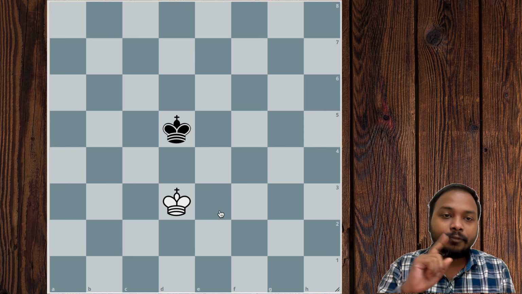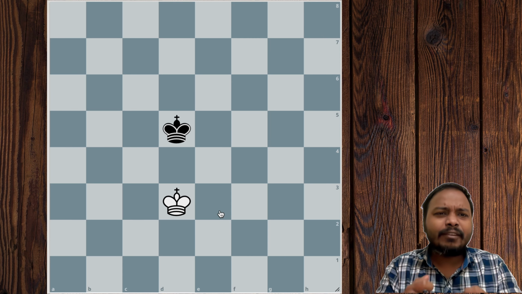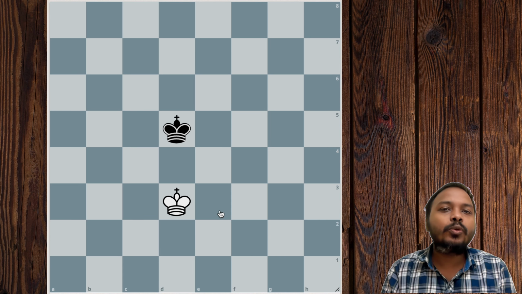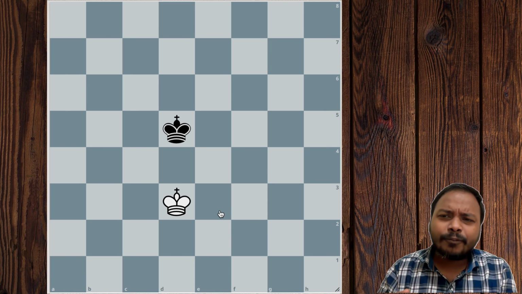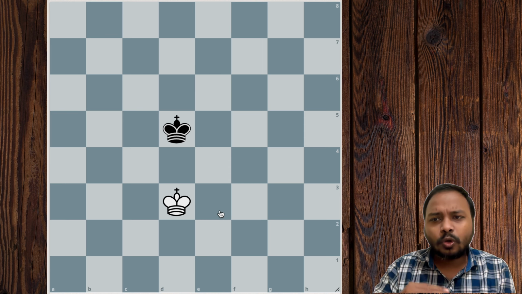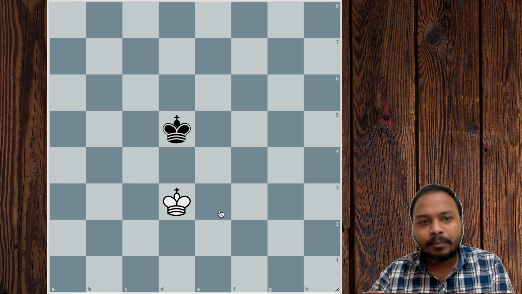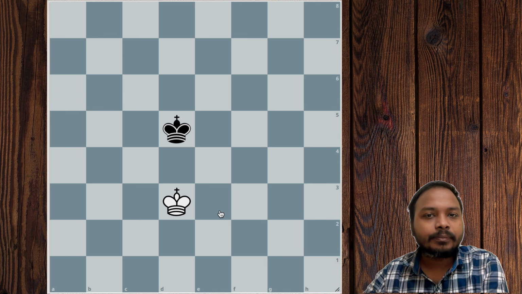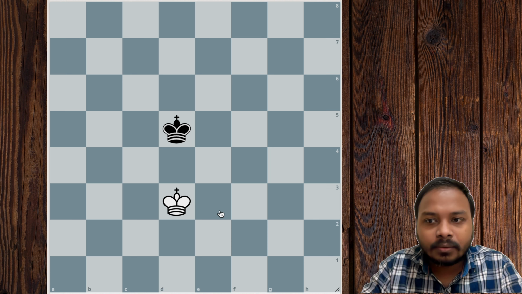Now, the most important point: what is the benefit of an opposition? When you take the opposition, especially in the pawn endgame, somewhere the game result goes in your favor. Somewhere the game control goes in your favor. That is the difference you create when you take the opposition.